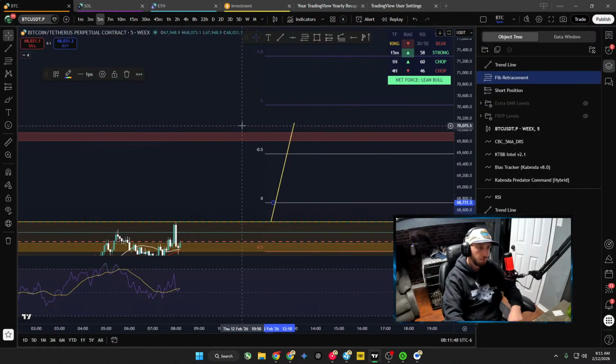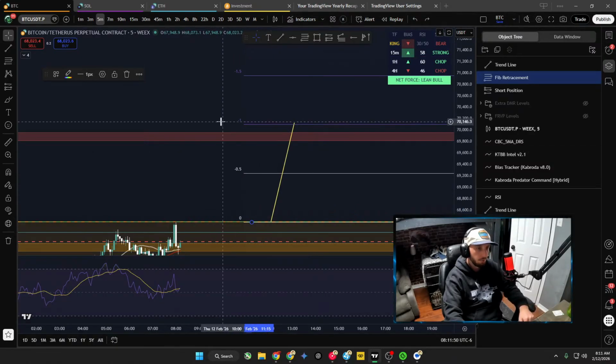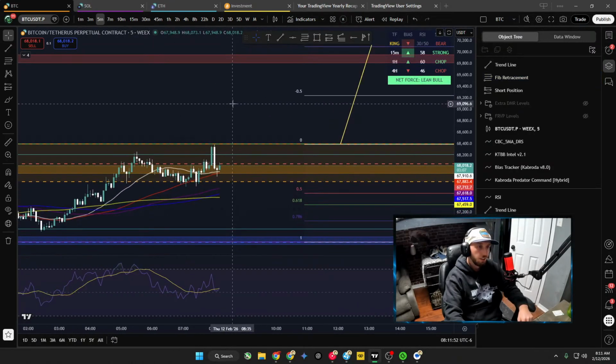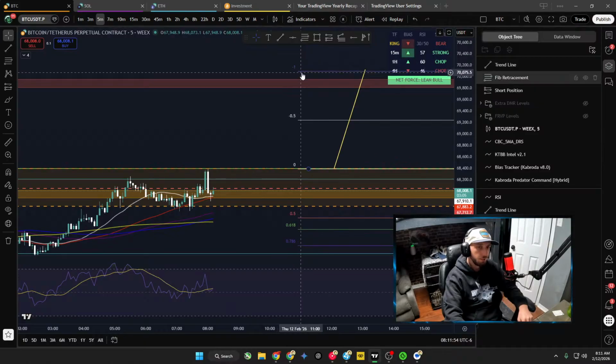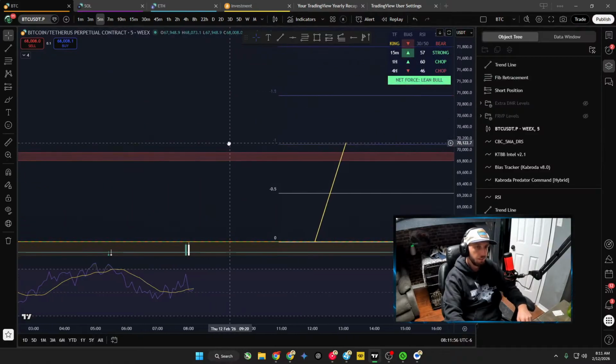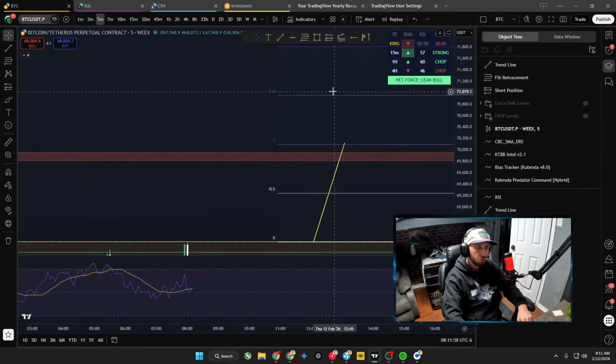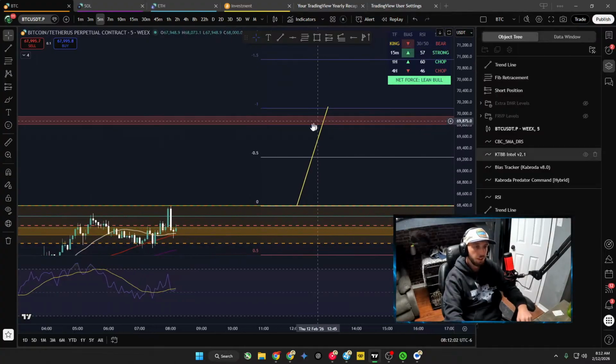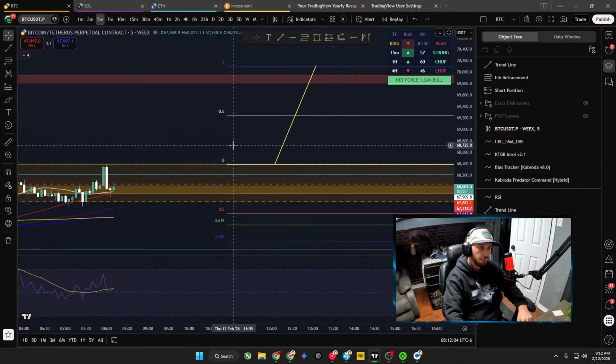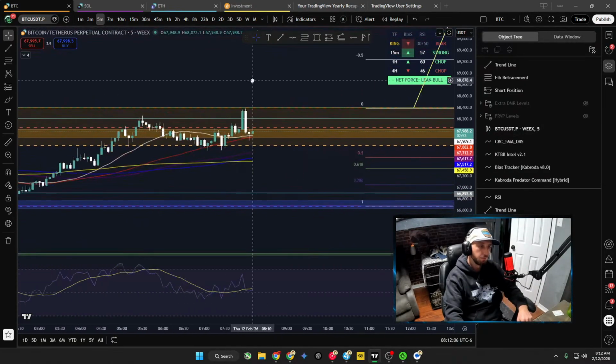We do have some resistance up here, so that's important to note too. But yeah, there's definitely a possibility we get up to at least 70. It's also possible we can continue running up. More than likely we'll hit that second target though, if we do get the breakout.